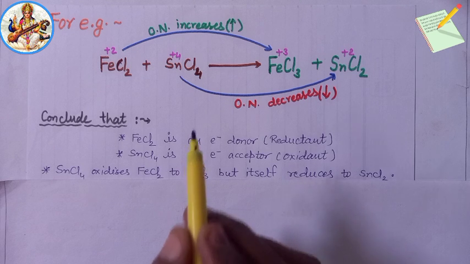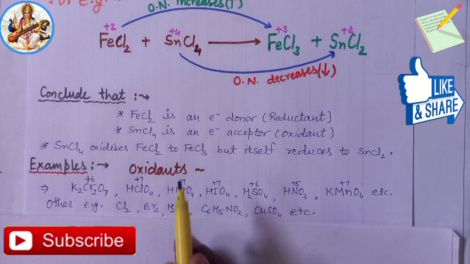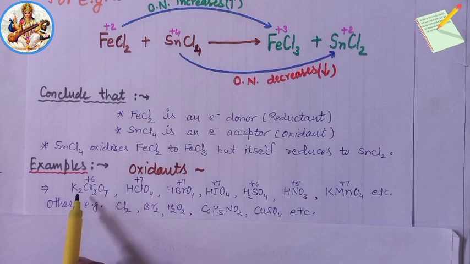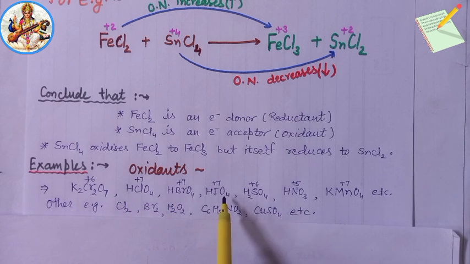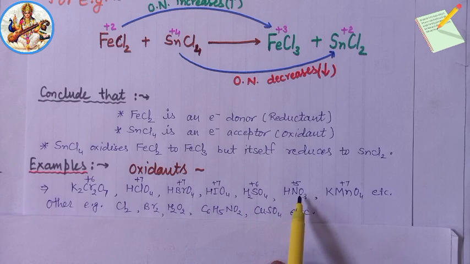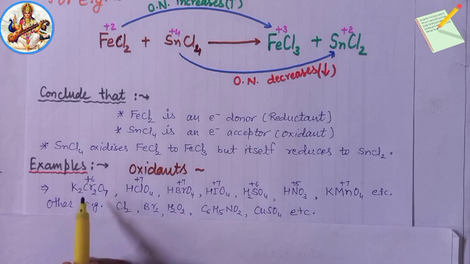The trick for oxidants: if the oxidation number of an element in a compound is highest, then the compound acts as an oxidant or oxidizing agent. For example, potassium dichromate, perchloric acid, perbromic acid, periodic acid, sulfuric acid, nitric acid, potassium permanganate, etc. In all these compounds, the oxidation number of the center atom is high.